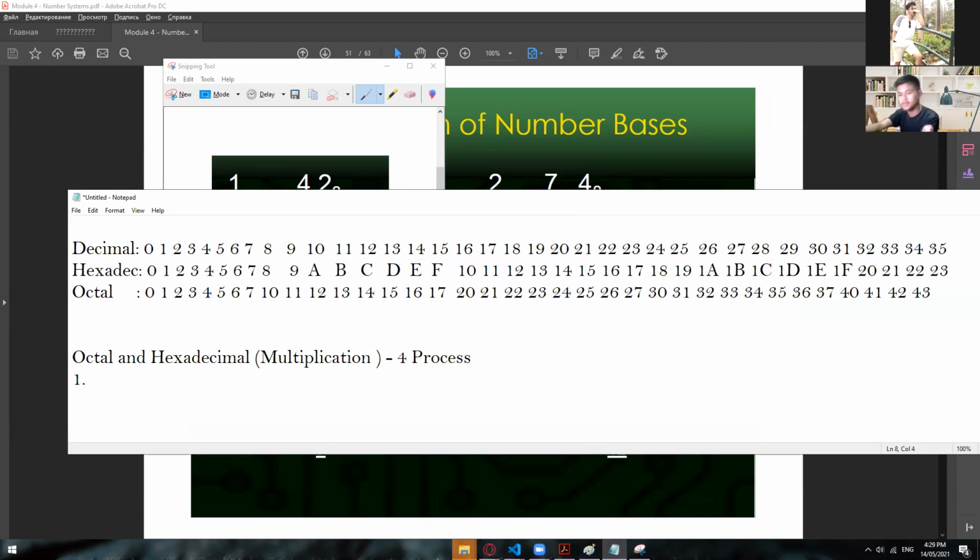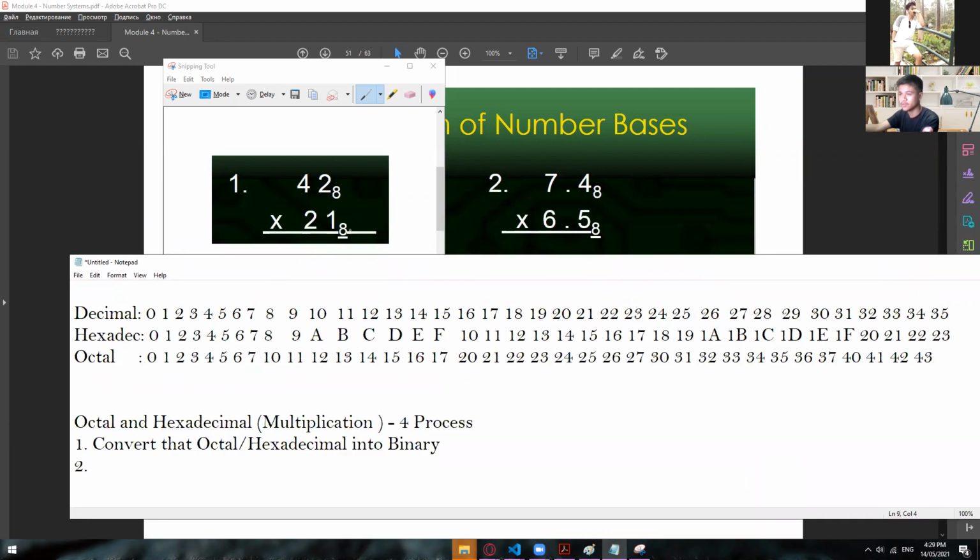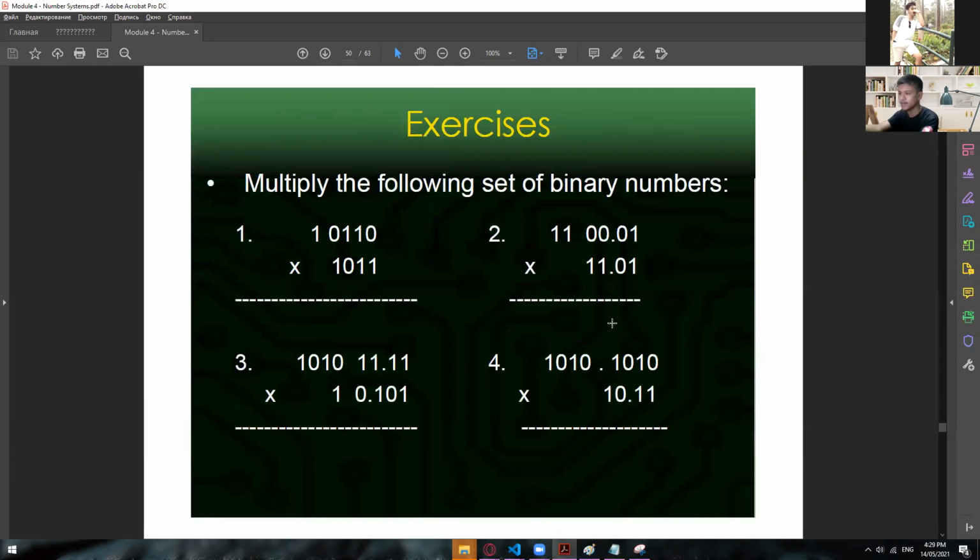First, we have to convert that octal or hexadecimal into binary. Second, once you already have converted, let's say, 42 and 21 into binary, then you can now perform binary multiplication, just like what we have in here.